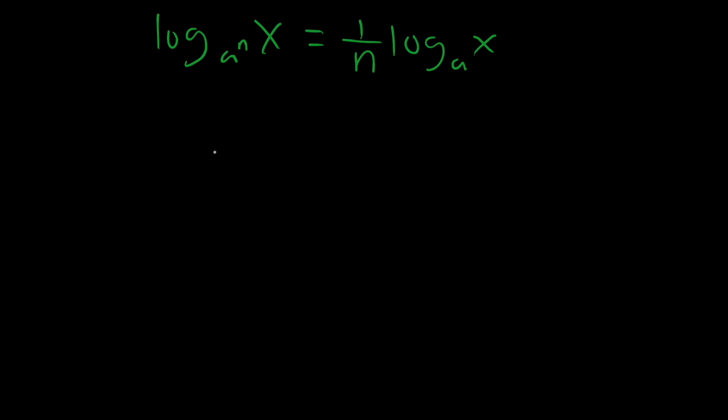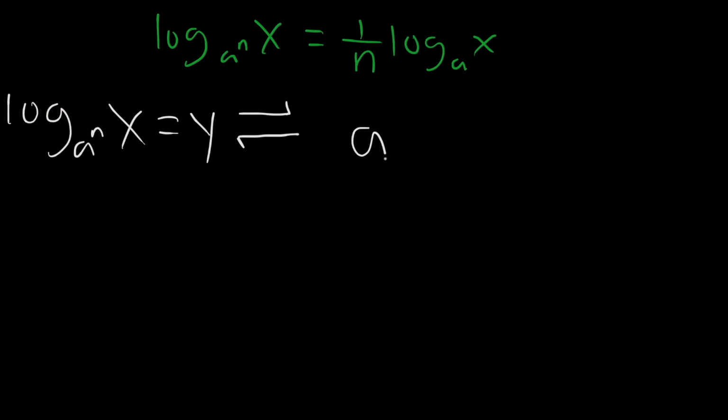Now let me prove this formula here. So log base a to the power of n of x is equal to y. So a to the power of n, to the power of y, is going to be equal to x. And x is equal to a to the power of u, so a to the power of u is going to be equal to x. Now we can solve u by using logarithm.